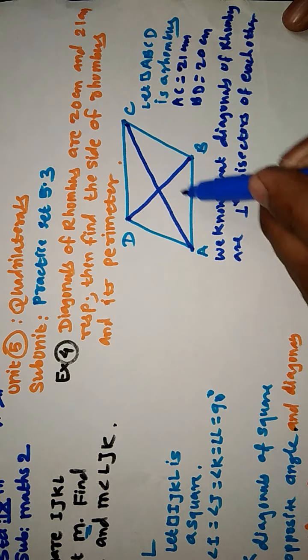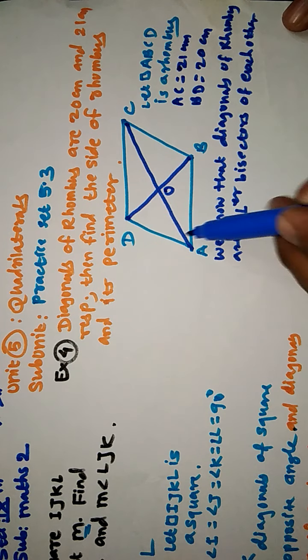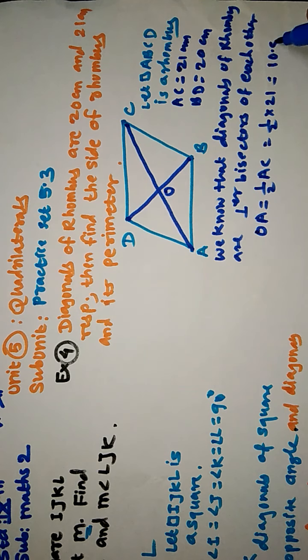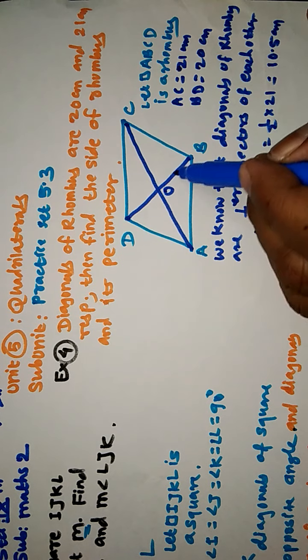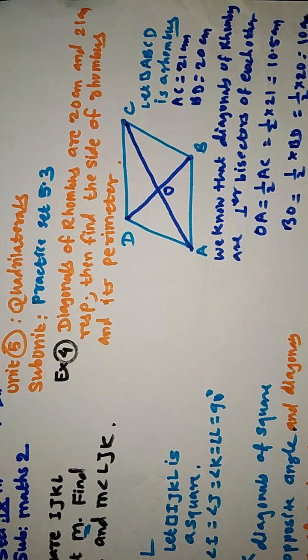Means see here, if they intersect at point O, this is 21, then what is the length of OA? OA is half of AC, means half of 21 is equal to 10.5 centimeter. What is the length of BO? BO is half of BD, means half of 20 gives 10 centimeter.